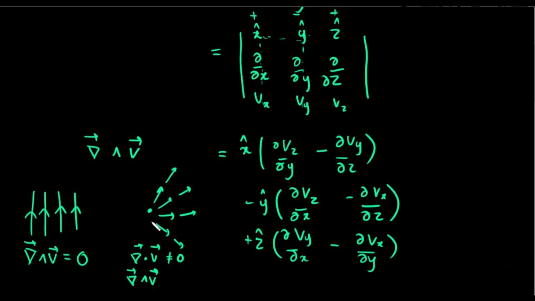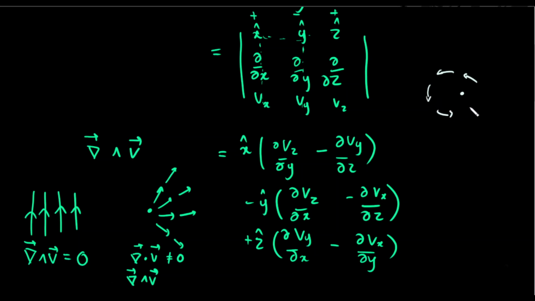Spreading out from a given point does not mean that the vector field curls around a given point. Practically, you can see a whirlpool, or in a sink, the water gets curled. The pattern will be like this.